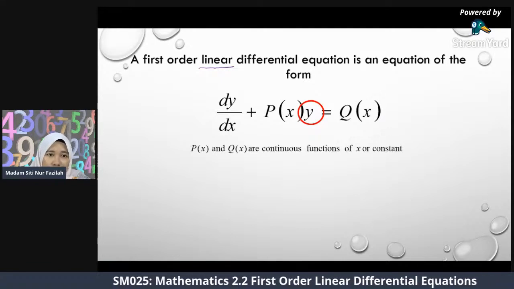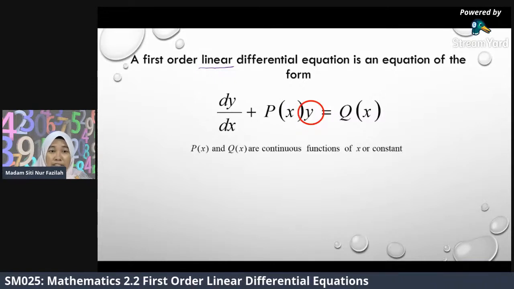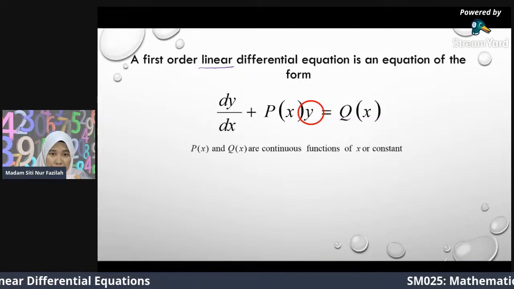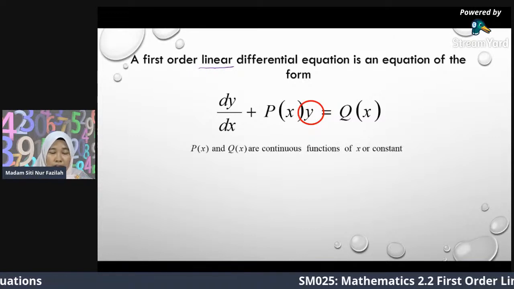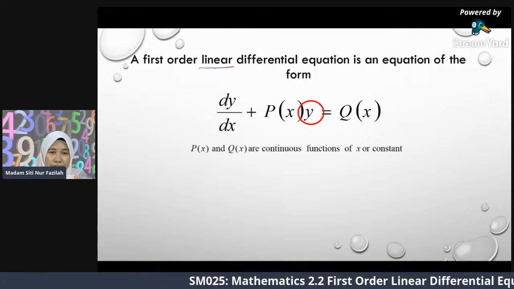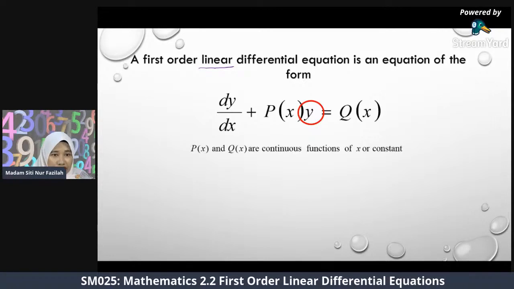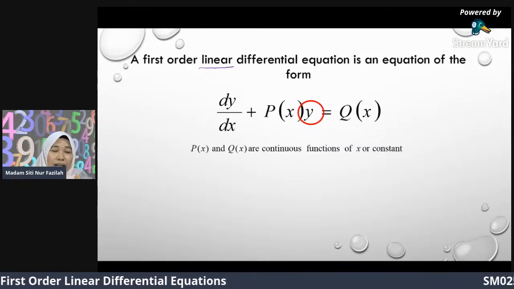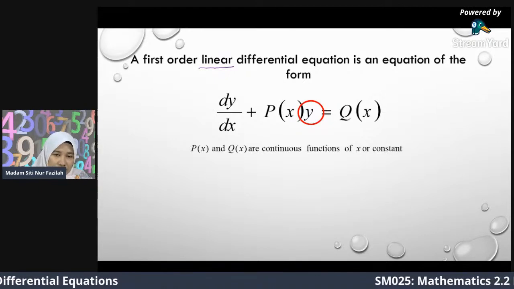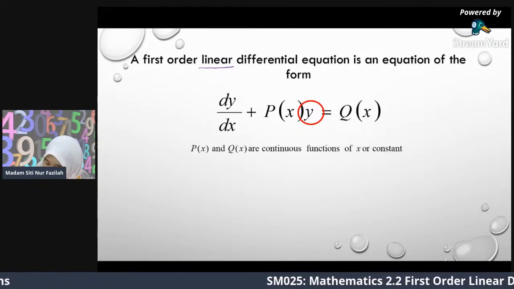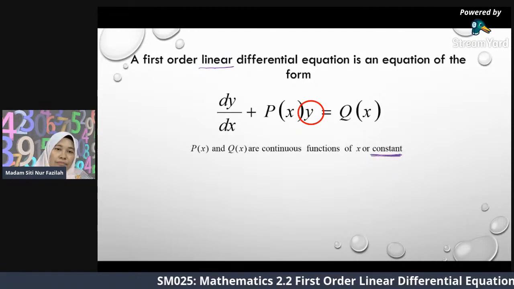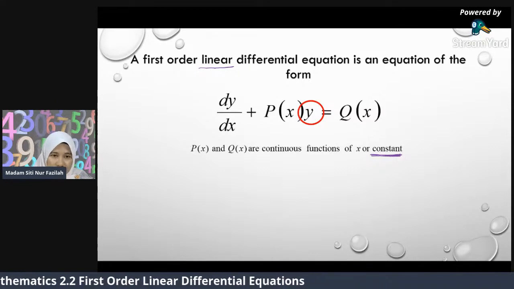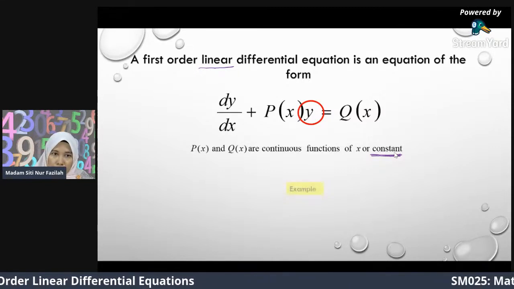Make sure you remember that the standard equation for linear is dy over dx plus p(x) y equal q(x). The function p(x) and function q(x) are continuous functions of x, or constants.